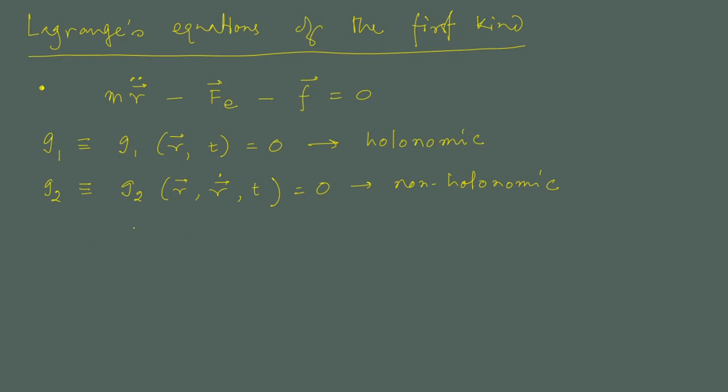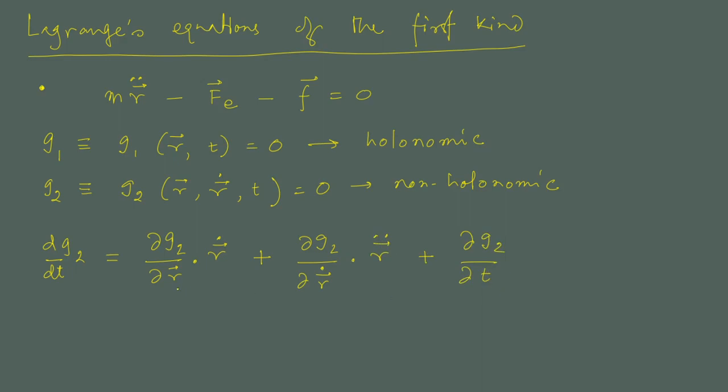Say, for example, we take the total time derivative of this function. And what do we get? If we use chain rule, then it is straightforward. Del g2 by del r times the velocity, then del g2 by del r dot times the acceleration, and of course we have the explicit time derivative.